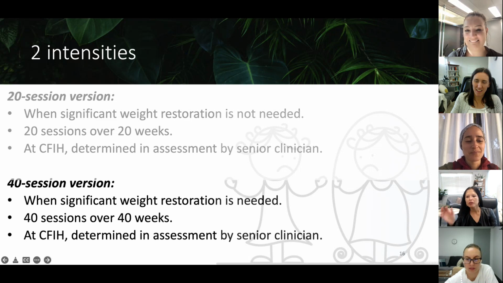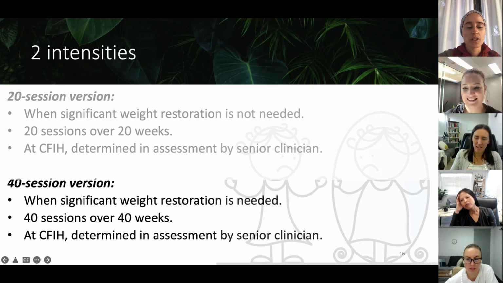Yeah, no, I just remember doing supervision with Catherine and there were a few light bulb moments for me as well. One of them was that you can do the broad form with the 20-session version. But if you are, say, doing perfectionism within the 20 sessions, it does have some implications for how you lay out the session.